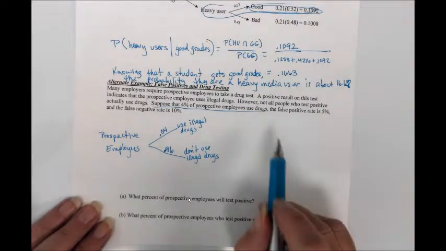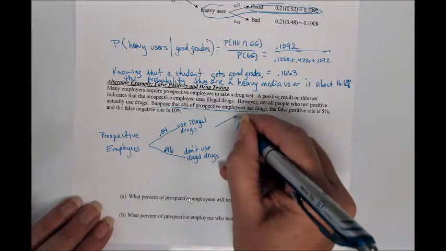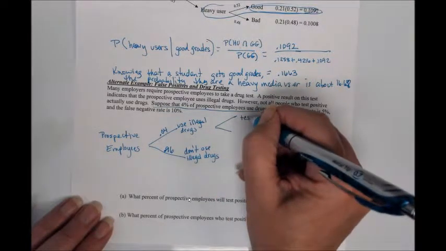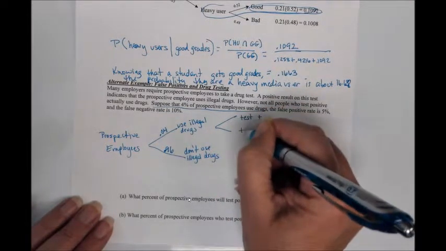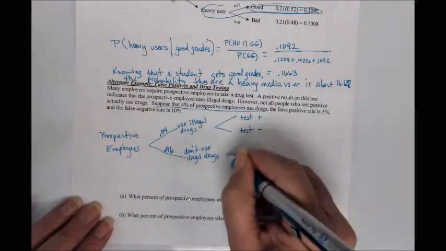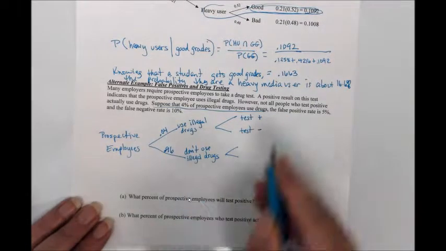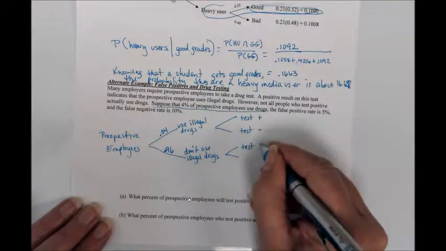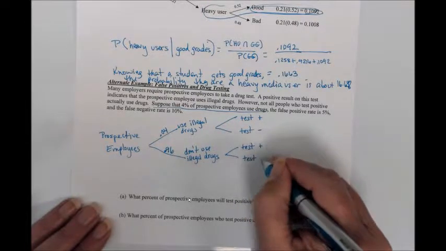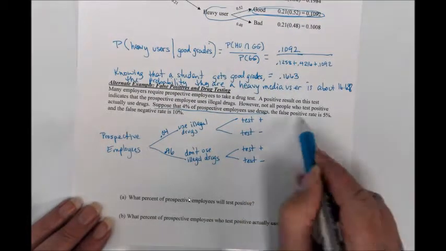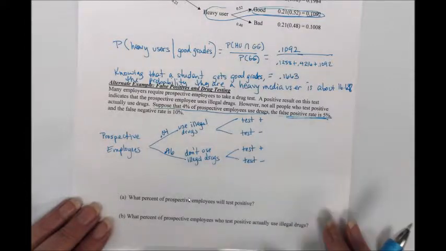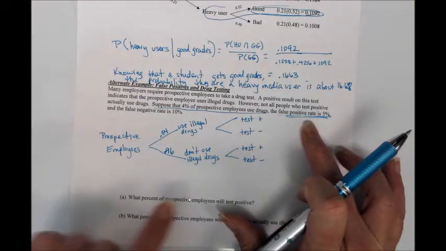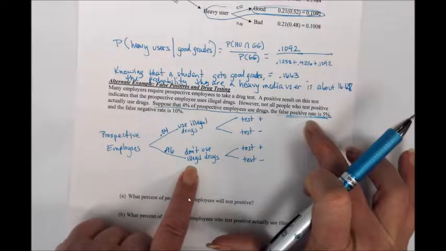And then they take a test and they either test positive or they test negative. Same thing here. If they don't use illegal drugs, they can still test positive or test negative. They tell me the false positive rate is 5%. A false positive means they don't do drugs but still tested positive.